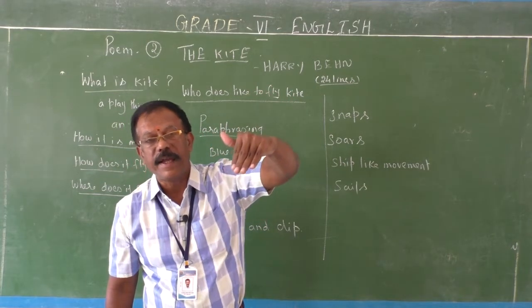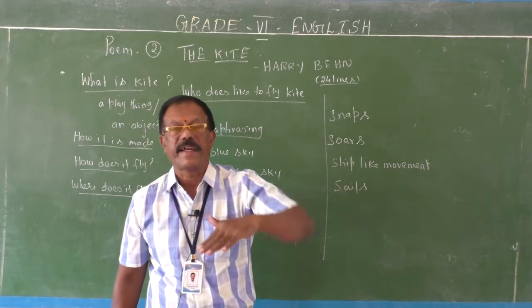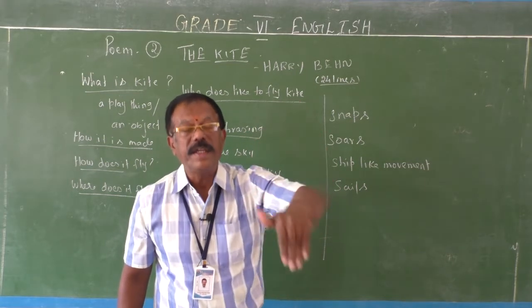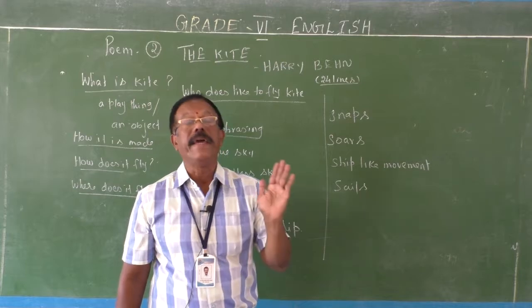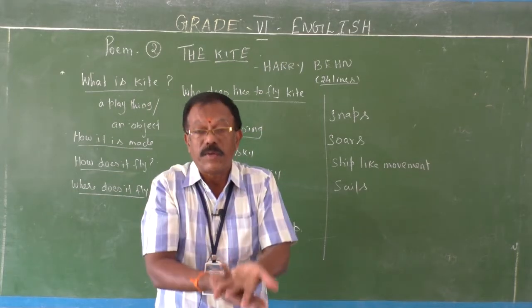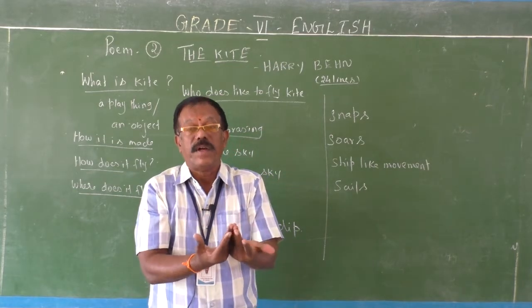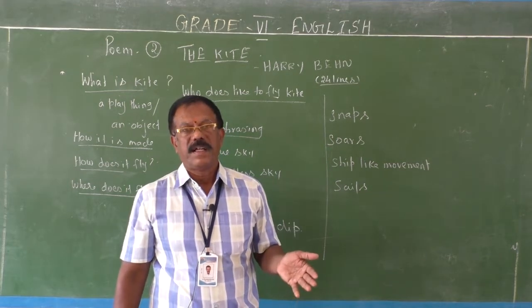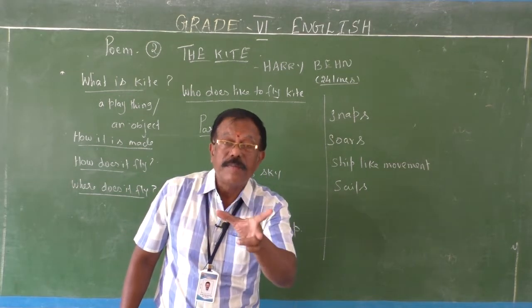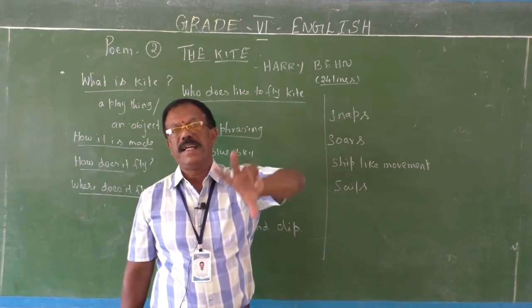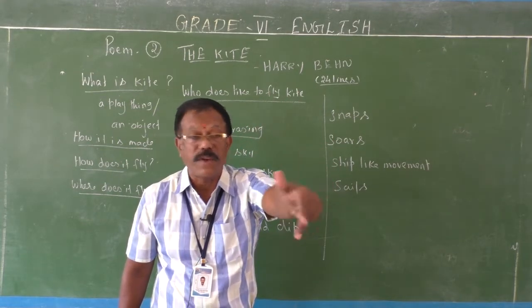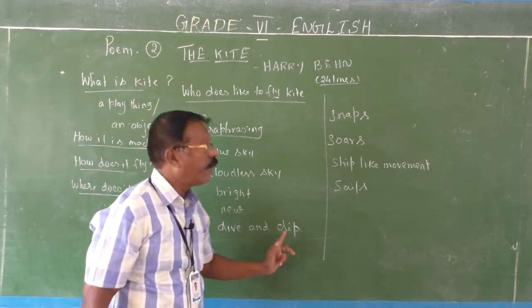It looks like plunging into the water. It looks like it has been diving. The kite makes a dive, and it comes down to some extent. So the downward movement of the kite here is described by the poet with the phrase dive and dip.